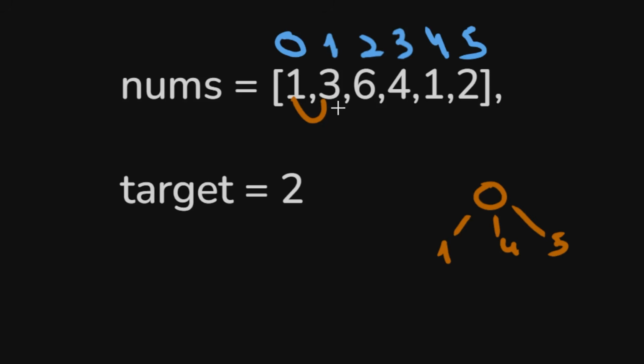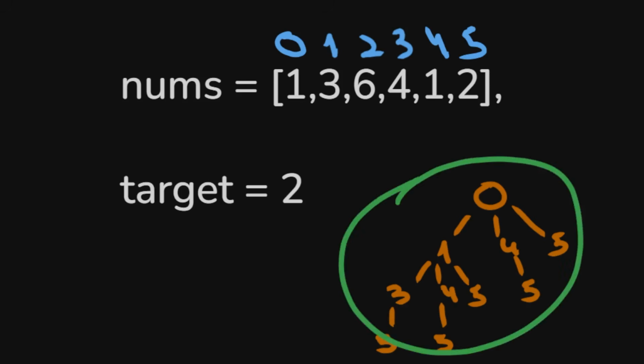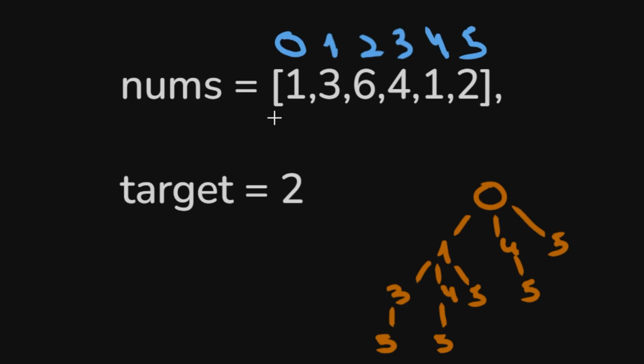We could go from 1 to 3, from 1 to 4, or from 1 to 5. So this is our decision tree. The maximum number of jumps to go from the source to the destination is given by the longest path to reach 5. We could take the path 0135 or the path 0145. In both scenarios, the number of jumps is 3.